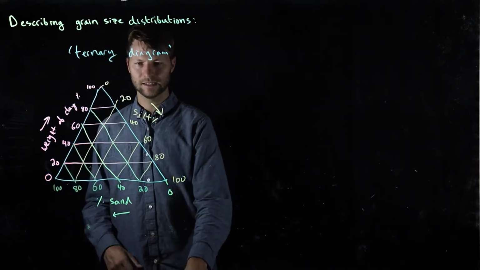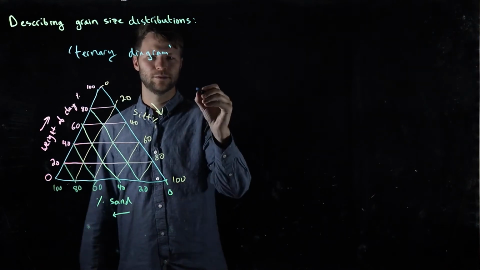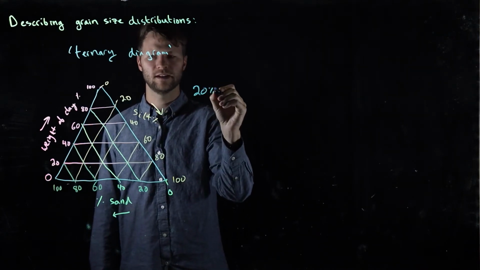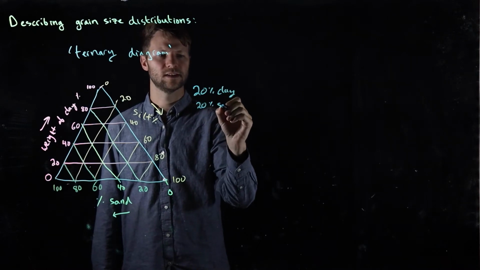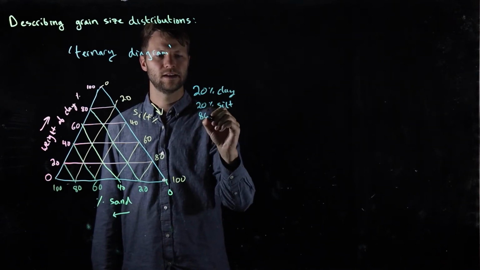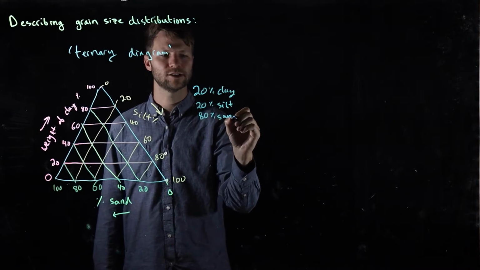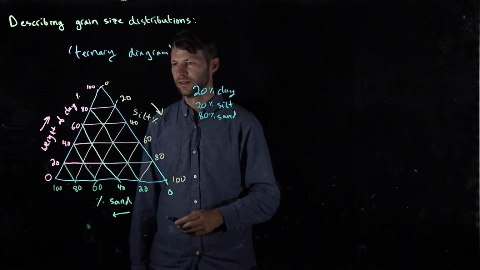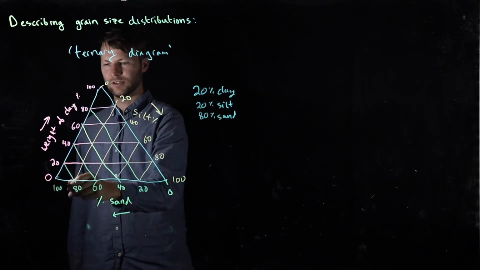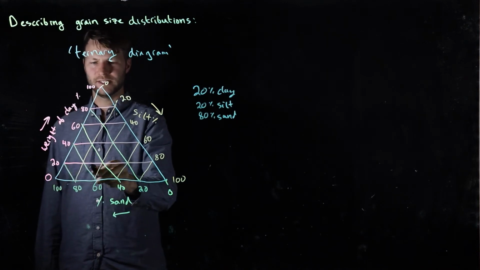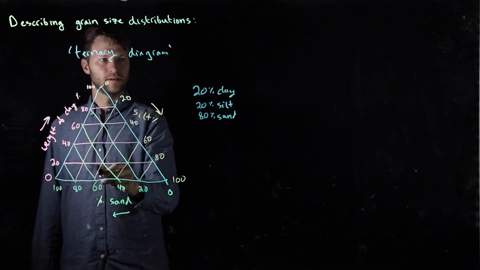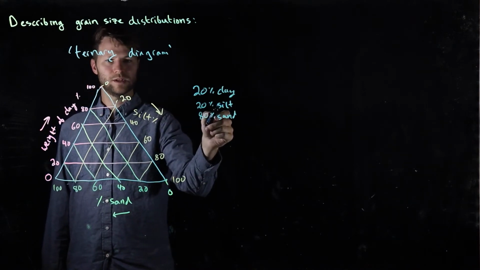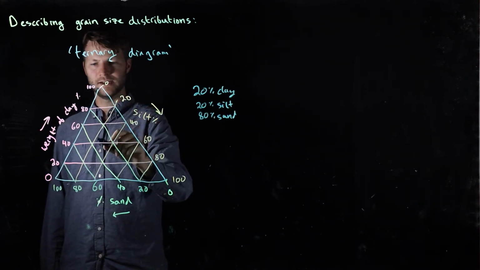So let's say that someone told you that they had a sample that was 20% clay, 20% silt, 80% sand. How would you actually plot this thing on here? So the clay axis, you know it's going to be 20% clay. It's going to be somewhere along this horizontal pink line. The silt, it's 20% silt, you know it's going to be somewhere along here.